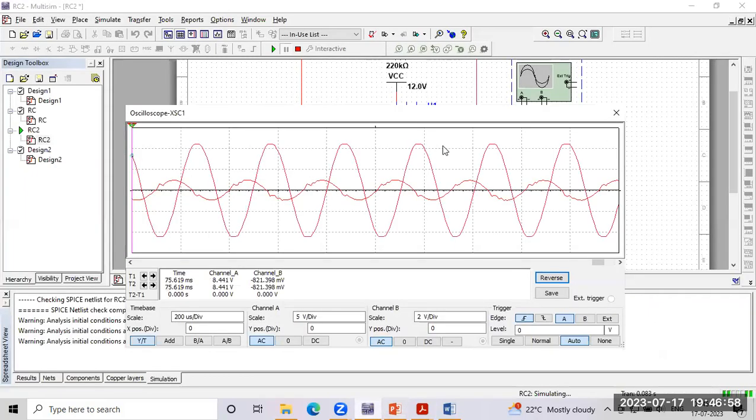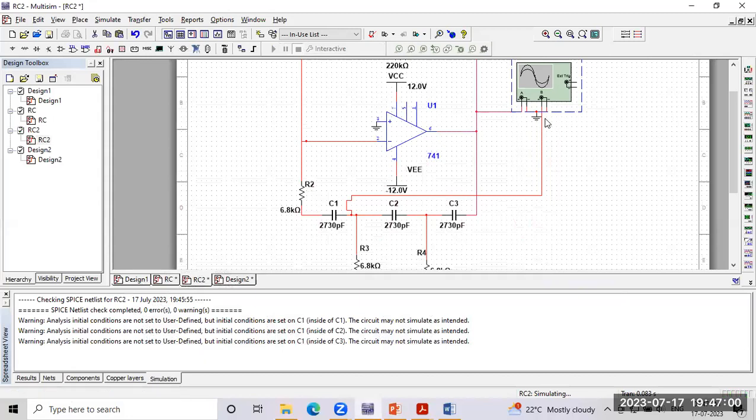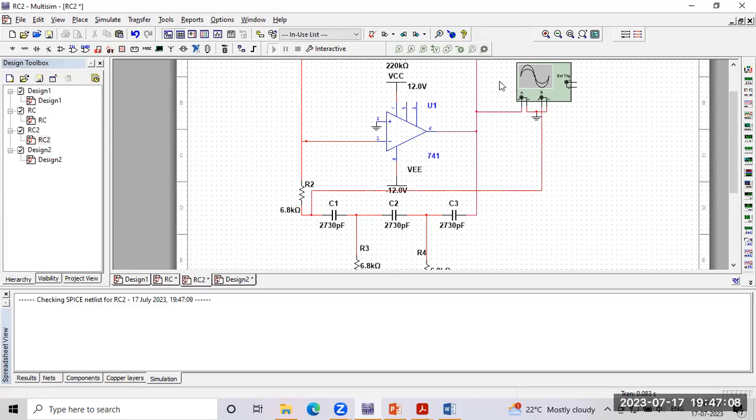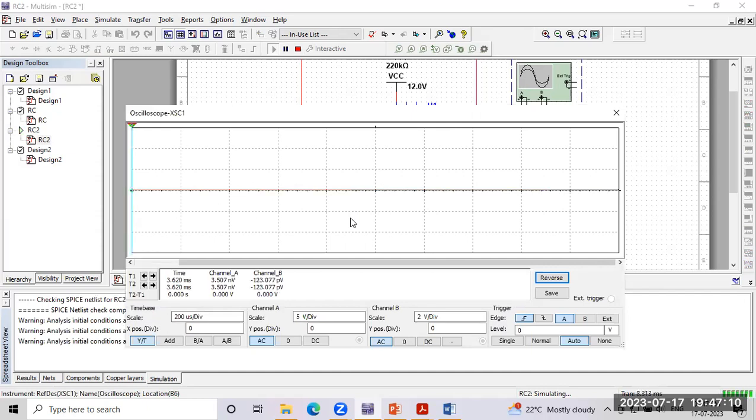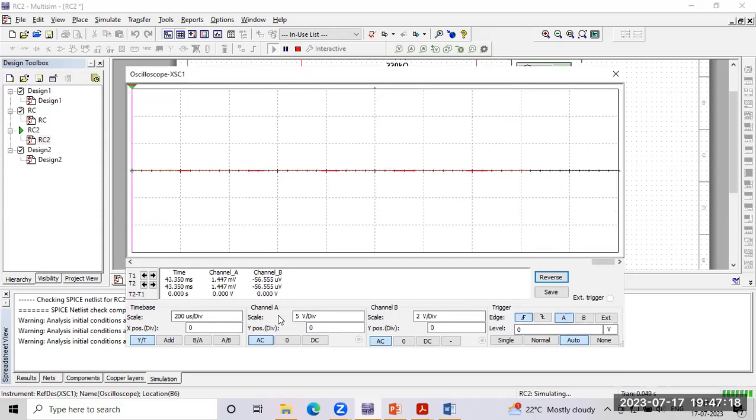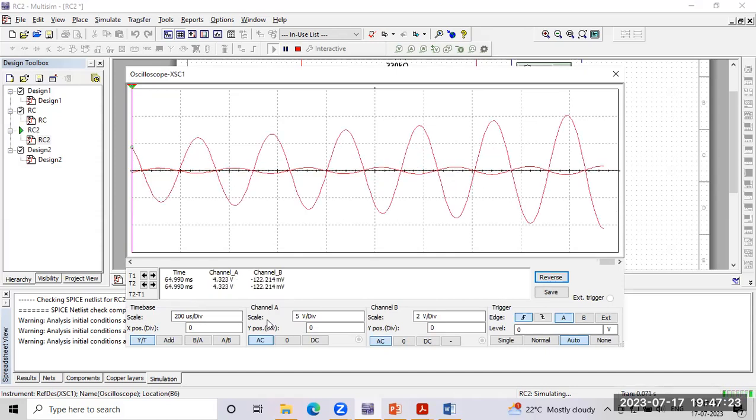Now I'm going to connect this B channel to this RC network, then run. We should get a 180-degree phase shift now, exactly 180 degrees. Wait for some time.